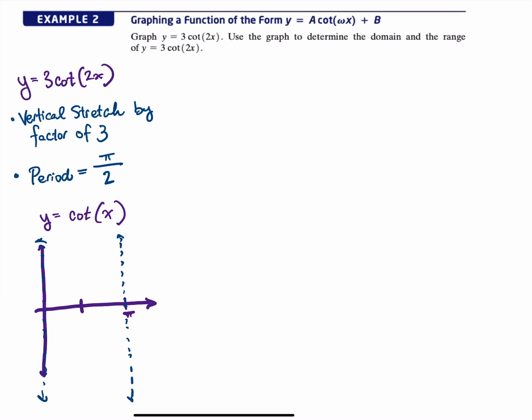Sorry, let me fix my pen. So at pi over 2, we can call this pi over 4 and 3 pi over 4. And then let's recall the cotangent starts at this higher point, so let's call this positive 1, call this negative 1. Let's make it a little more even.